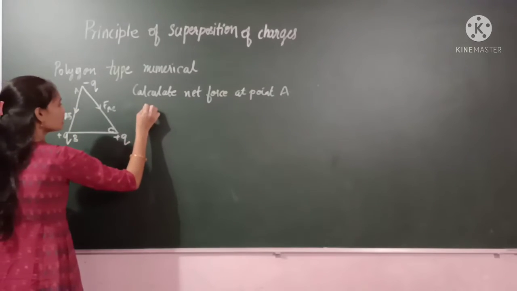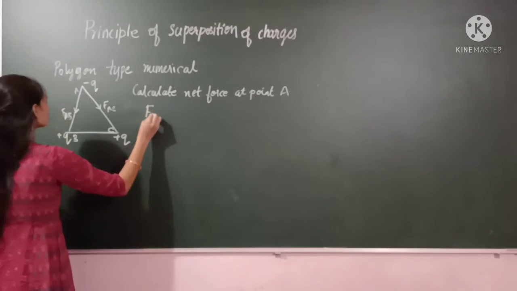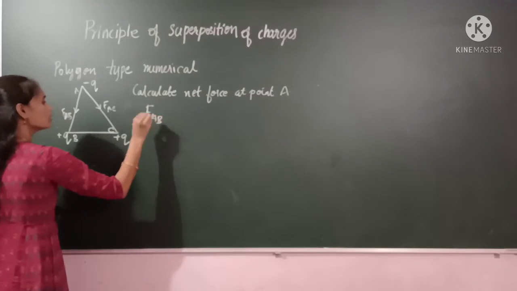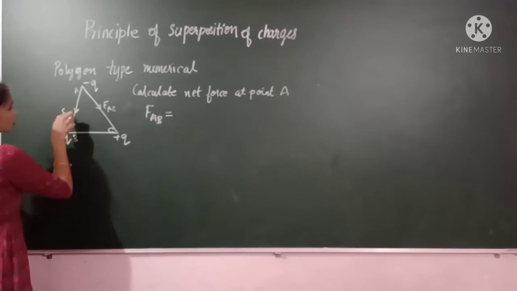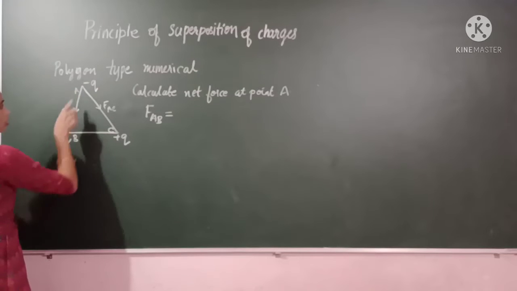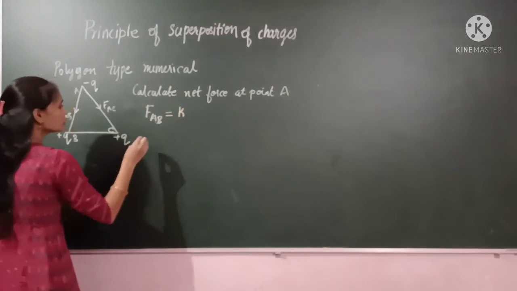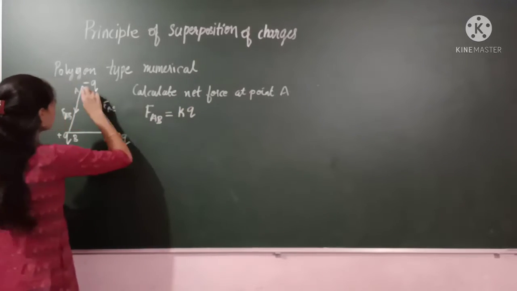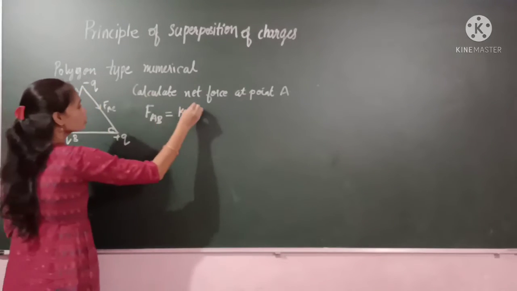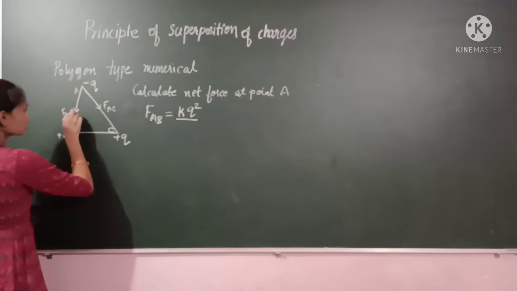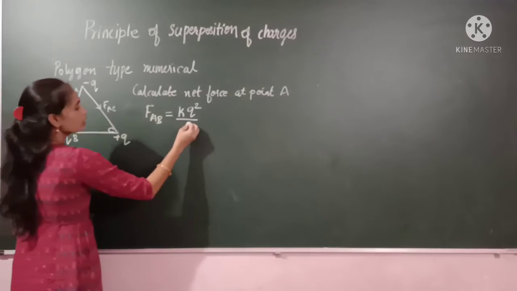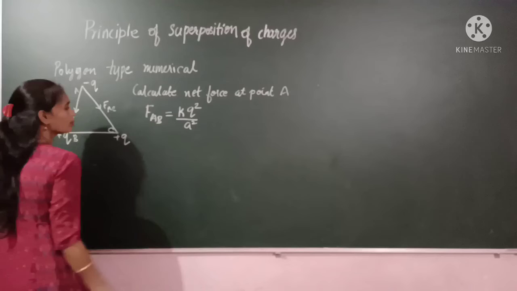First we will take the force on A because of the B charge. How to calculate? Again we will apply Coulomb's law. K into Q, both have the same magnitude, so Q square. The distance is a, because it is an equilateral triangle and all sides are equal.